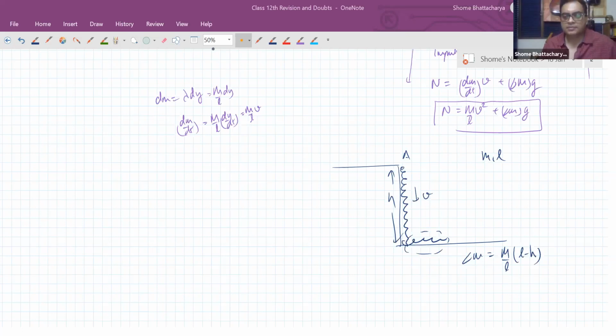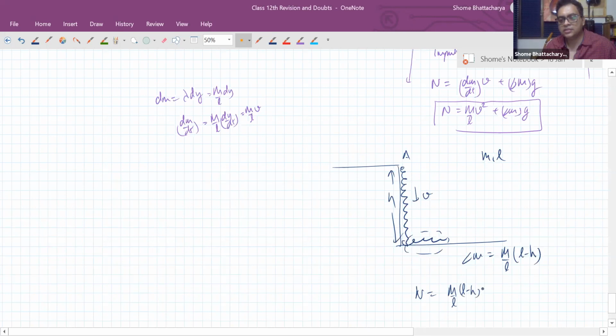So this delta m is this much. So finally our answer is coming out to be that N will be equal to m by l into (l minus h) g plus m by l into v square, and v we had already seen was that square root of 2gh into ln of l by h.